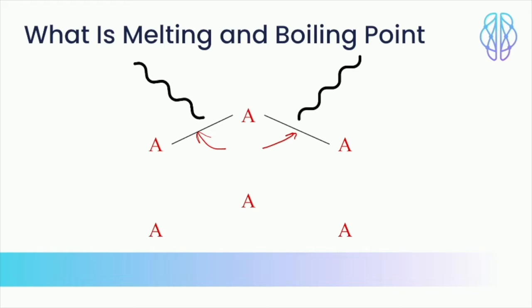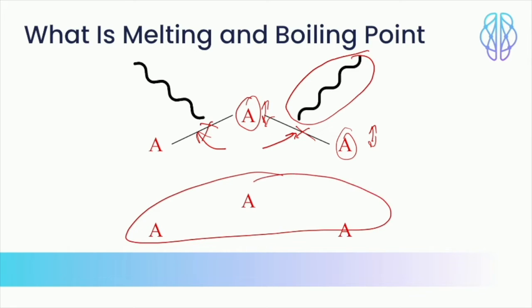So it's bound by neighboring A compounds with these intermolecular forces. Basically, when we're trying to melt or boil this compound A, we're supplying energy to make these A atoms vibrate. So they're kind of oscillating. And then hopefully we supply enough energy and enough vibration within these A molecules to break apart these intermolecular bonds, and we'll get three separate A molecules that are free in space.